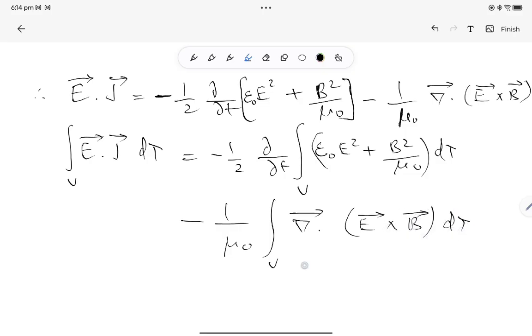The last integral can be converted into a surface integral using Gauss's divergence theorem.